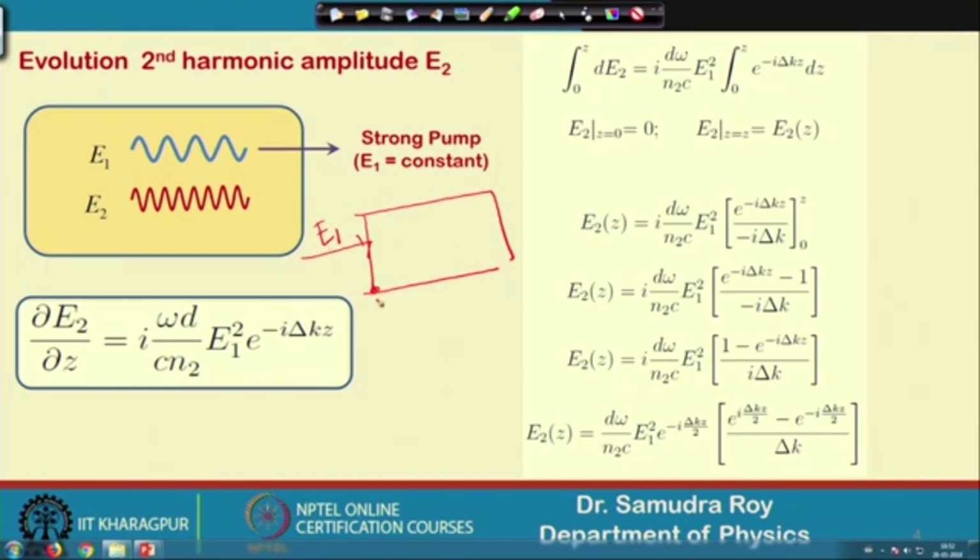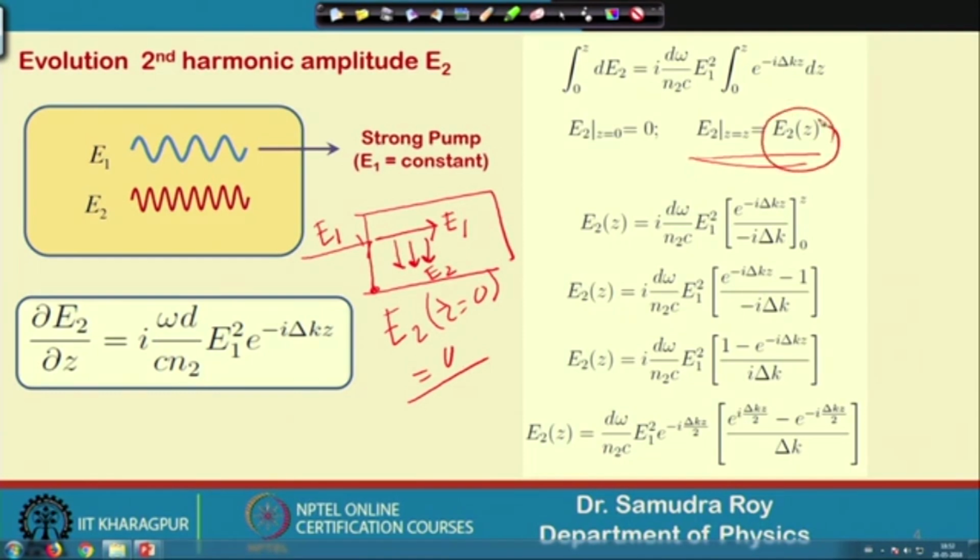Once the pulse is moving, the fundamental field will feed the system, so that E2 will generate gradually. So, the boundary condition is E2 at z equal to 0 is 0. On the other hand, E2 at z equal to z is Ez, and with this Ez we try to find out what value of E2 one can have at some z point.